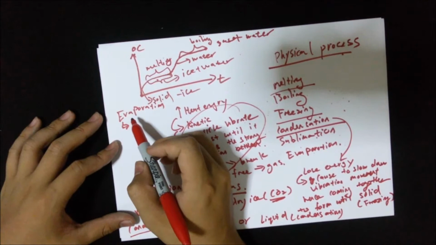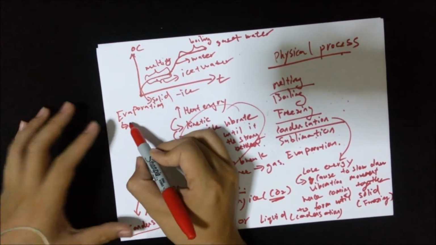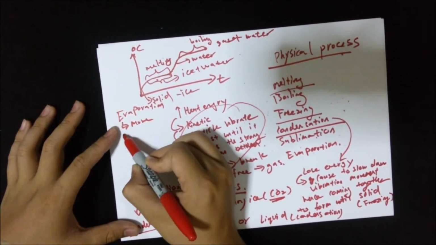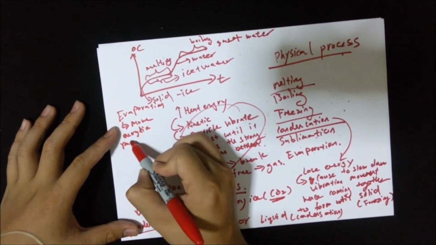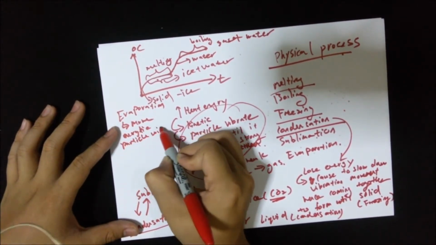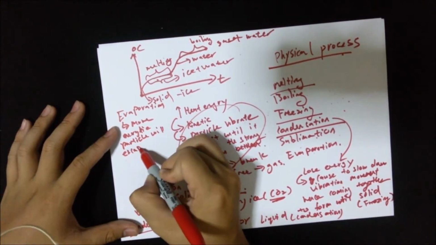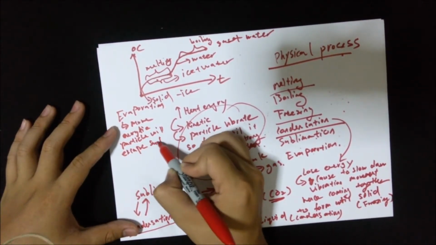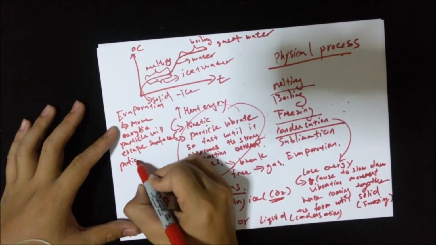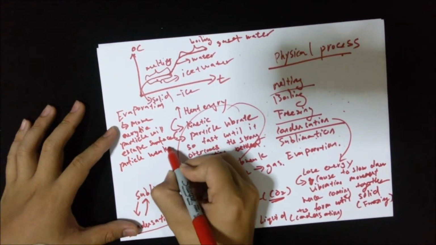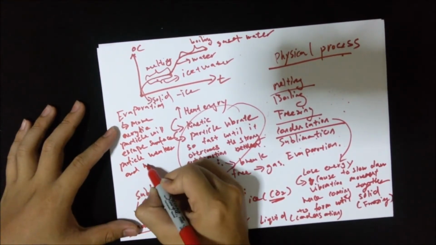Evaporation works by the more active or the more energetic particles escaping the surface, leaving behind those particles that are weaker and have less energy.